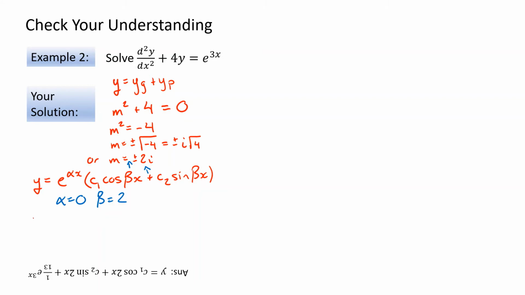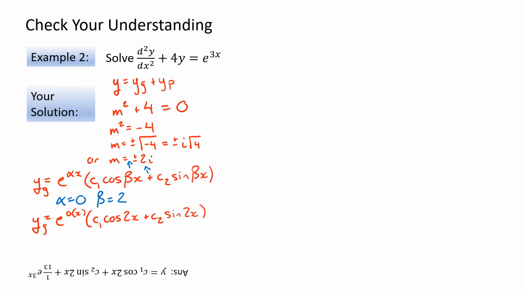So substituting those in, we get that y, again, I forgot to write general, so I'll put the subscript of g here. So our general solution is e to the exponent 0 times x. Remember, anything to the exponent 0 is just 1, so that's going to cancel out, times c1 cosine of 2x plus c2 sine of 2x.